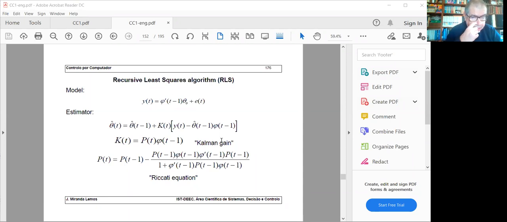Okay? So K depends on P and phi, which is the data, and P is given by this Riccati equation, which of course depends on the data.